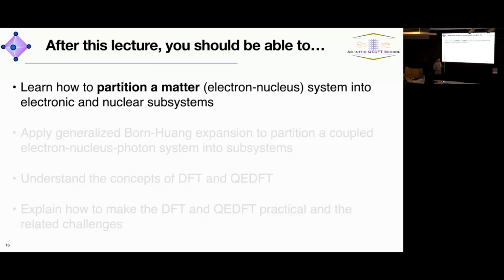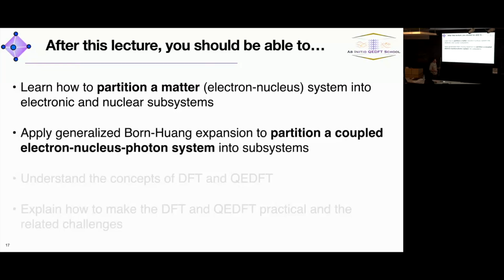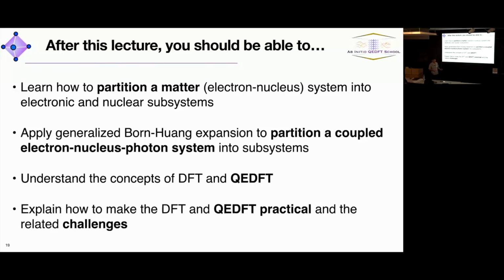Then I'm going to ask you to figure out how to partition the electron, nuclei, and photon system into subsystems by yourself. That approach is the so-called generalized Born-Huang expansion. You also need to understand how to expand QEDFT or DFT to each other, and what the practical challenge there is.